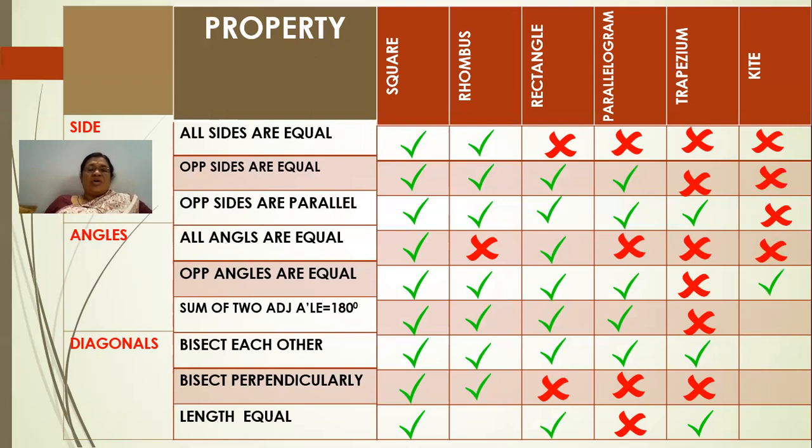In a kite, opposite angles will be equal. How about the sum of the adjacent angles? They are not equal. Now, do the diagonals bisect each other? No, they do not bisect each other. Do the diagonals bisect perpendicularly, that is, do they intersect perpendicularly? Yes. How about the length of the diagonals? They are not equal. So these are the properties of quadrilaterals.